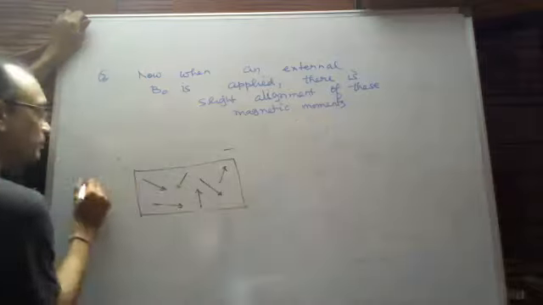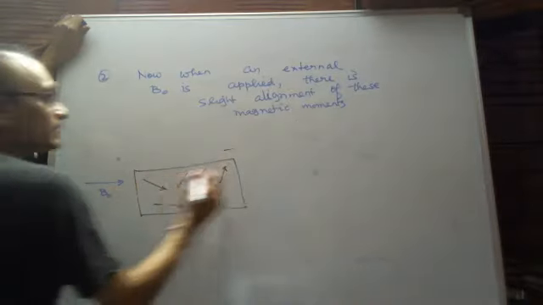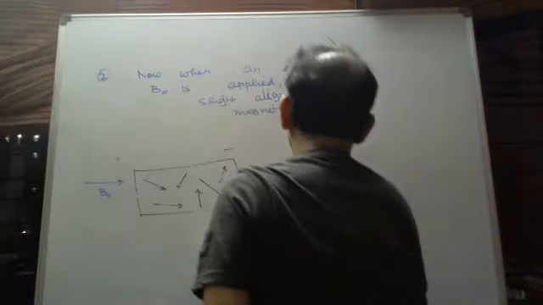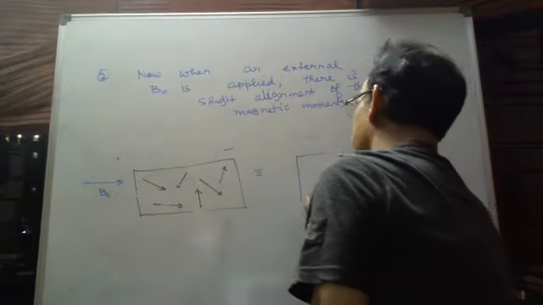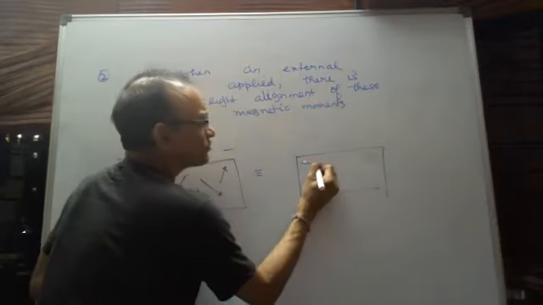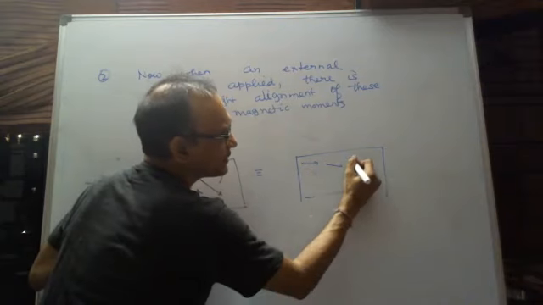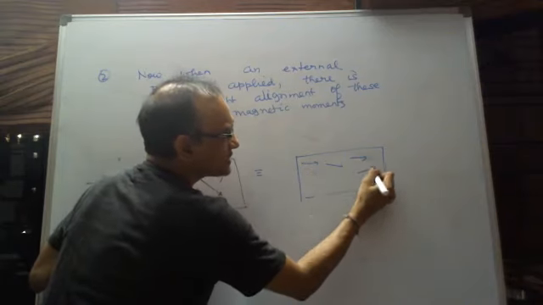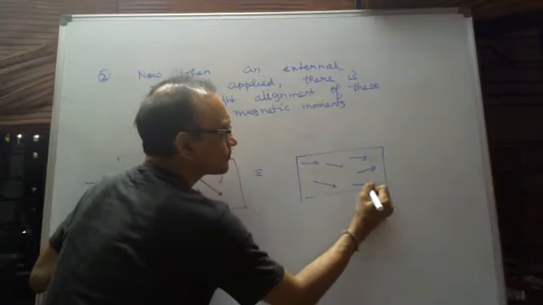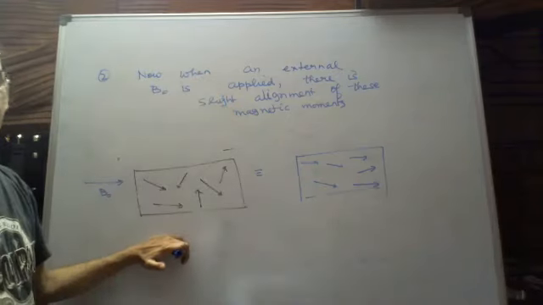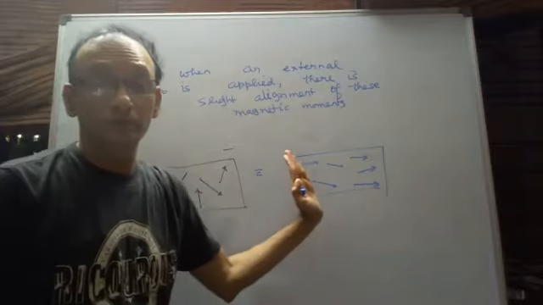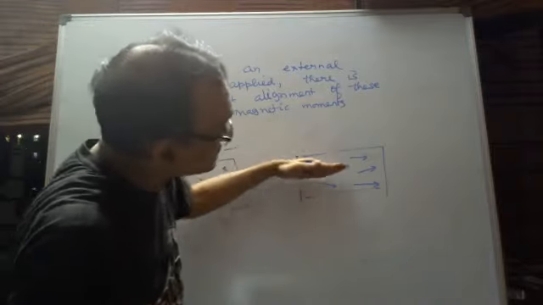What will happen? When I apply a B0 like this, there will be a weak alignment in the direction of B0. Some of them will get aligned. Nevertheless, there is still some alignment.